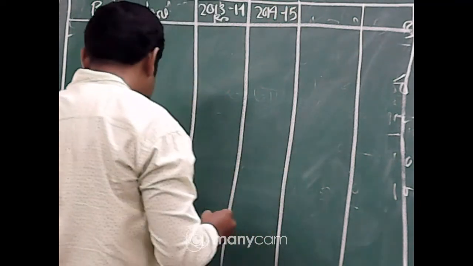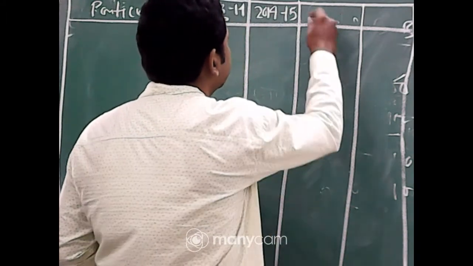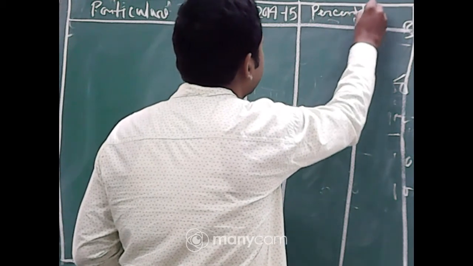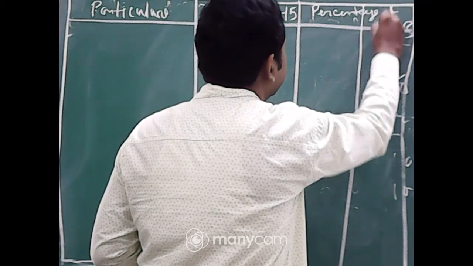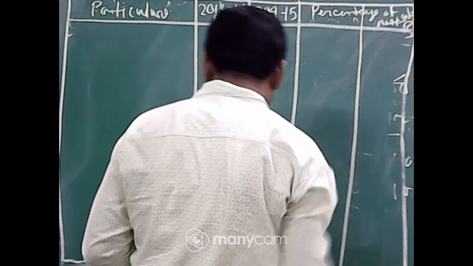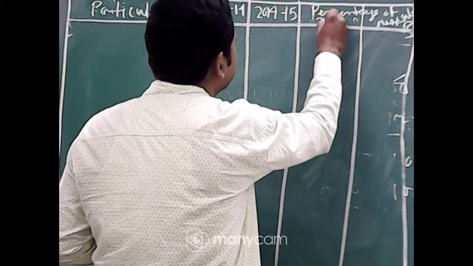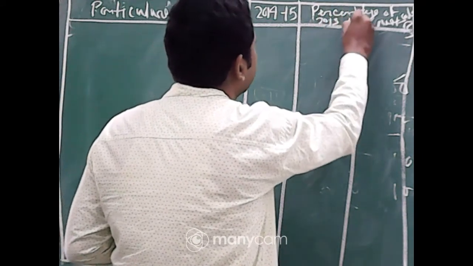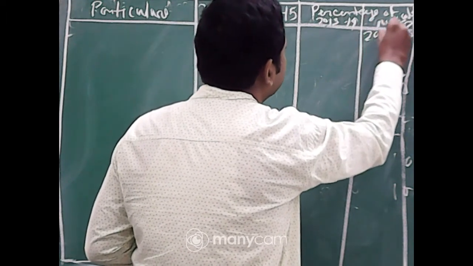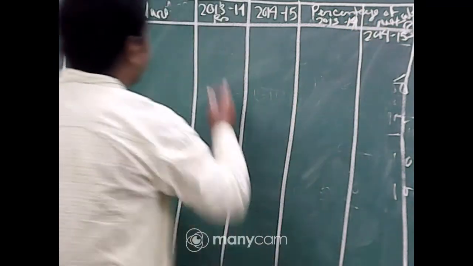Now there is the percentage of net sales. On the basis of sales, we will do the percentage, for 2013-14 and 2014-15. We will calculate the two-year percentage.